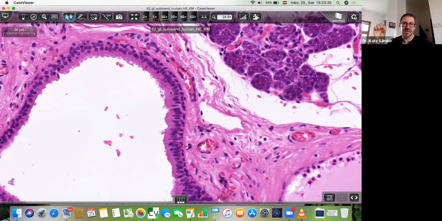So the whole duct system started with the intercalated duct, lined by short cuboidal epithelium, and then they become simple columnar epithelium. They become striated ducts, and then the terminal part of the duct system is lined by stratified, first cuboidal and then columnar epithelium. So this is a typical stratified columnar epithelium lining an interlobular duct.